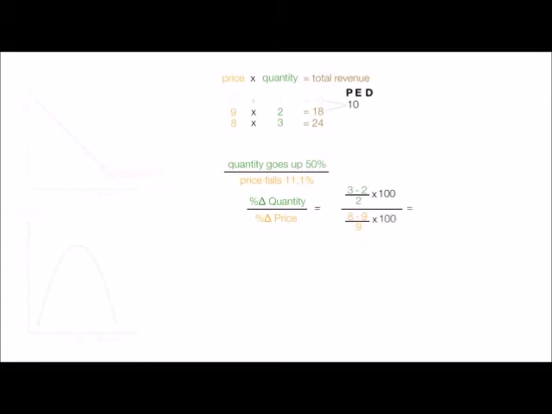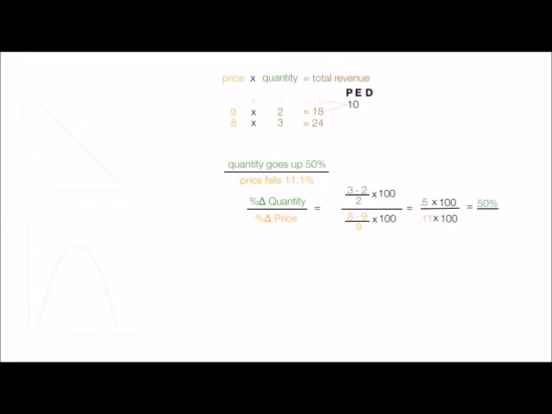This is equal to 0.5 times 100 divided by negative 0.11 times 100. Economists often drop the negative sign. This is equal to 50% divided by 11%.